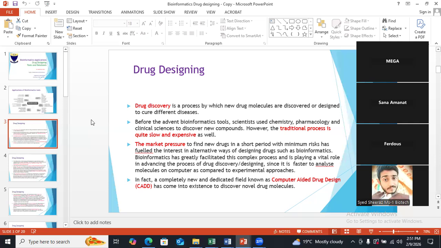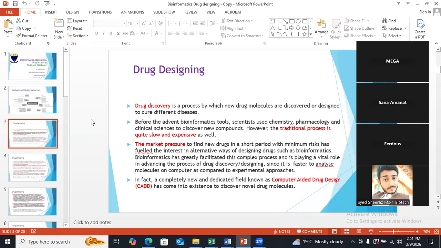The urgent need of effective therapeutic agents, this is the market pressure, which pushes us to speed up the process of drug discovery.